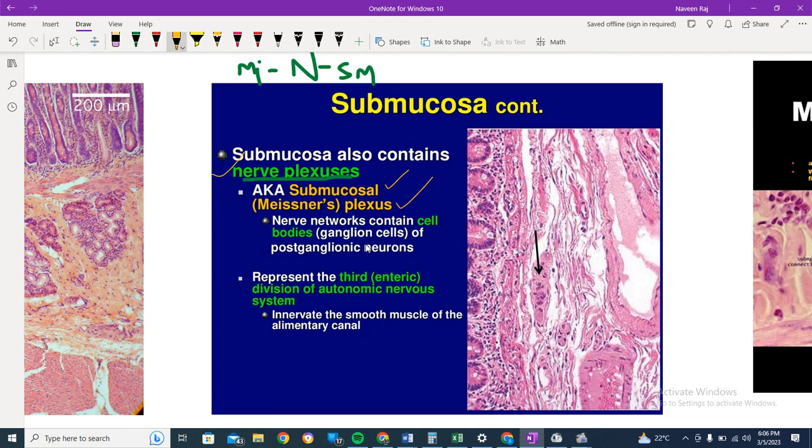Even though the myenteric plexus is, in a way, part of the muscularis externa and serosa, we are also going to study them today because they are very related, and we may save our time. Third, the division of the autonomic nervous system, like this shows that Meissner's plexus is connected to the autonomic nervous system.